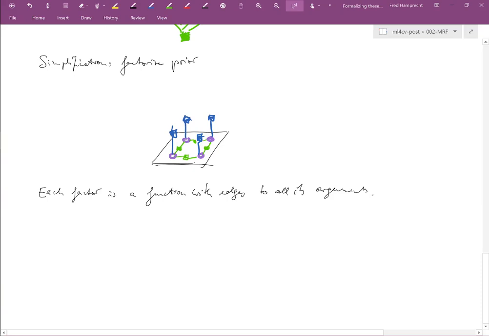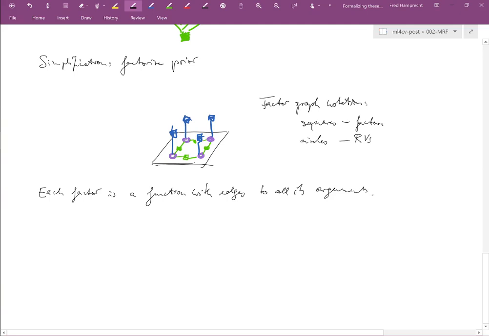Okay, and you can see that I have respected the pattern of a bipartite graph by using squares for the factors. In this kind of picture, also called a factor graph notation, I've used squares for the factors and circles for the random variables.